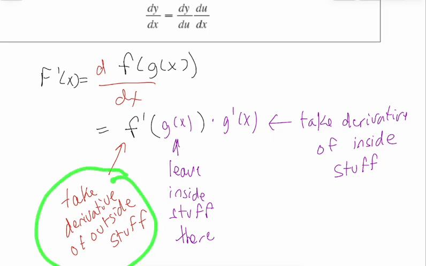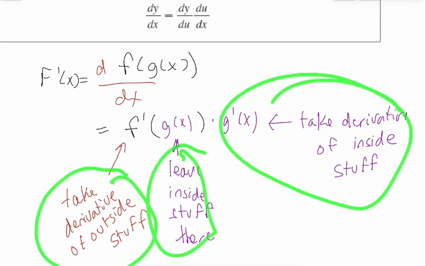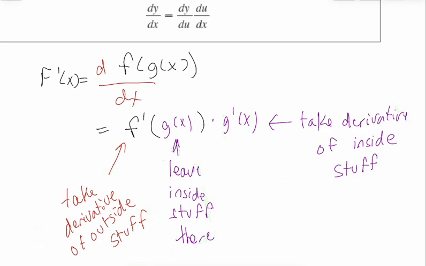So take the derivative of the outside stuff, leave that stuff exactly alone inside of it. Then take the derivative of the inside stuff and multiply it by what you have, okay? So that's our rule as far as how composite functions work. We work our way from the outside inside.